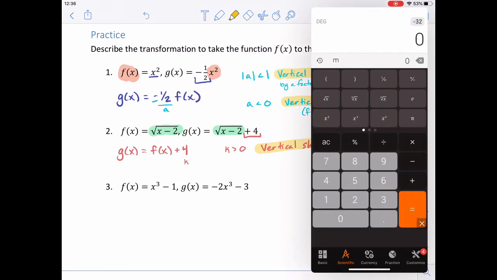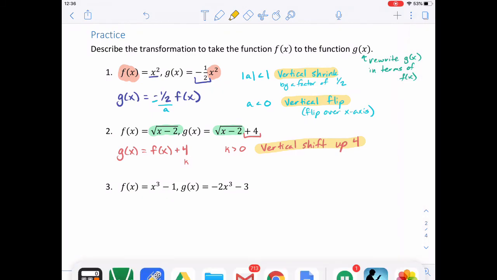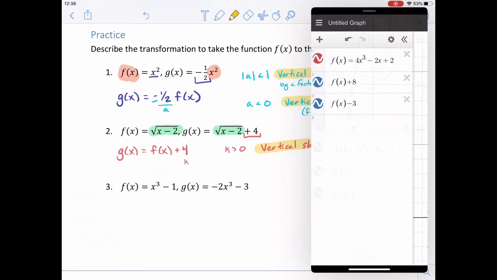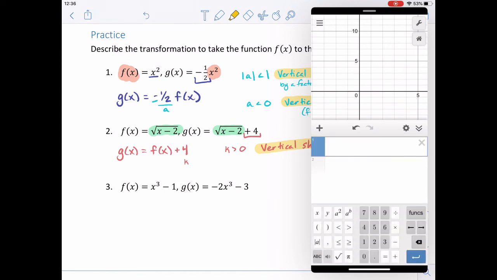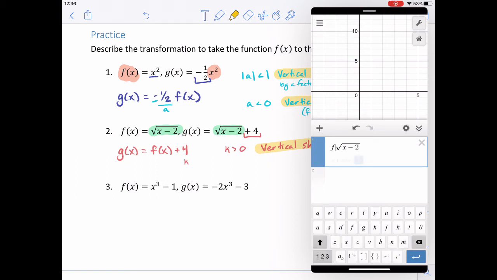And so if we graph that, we can also see that in Desmos. So let's throw those up there. We have the square root of x minus 2. Let's call this f of x.